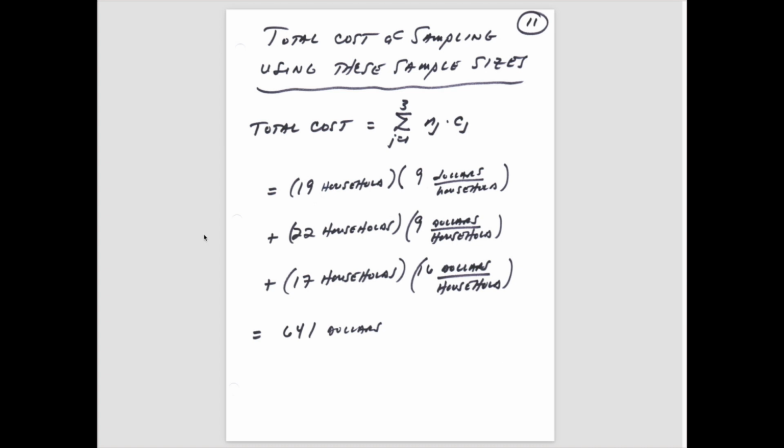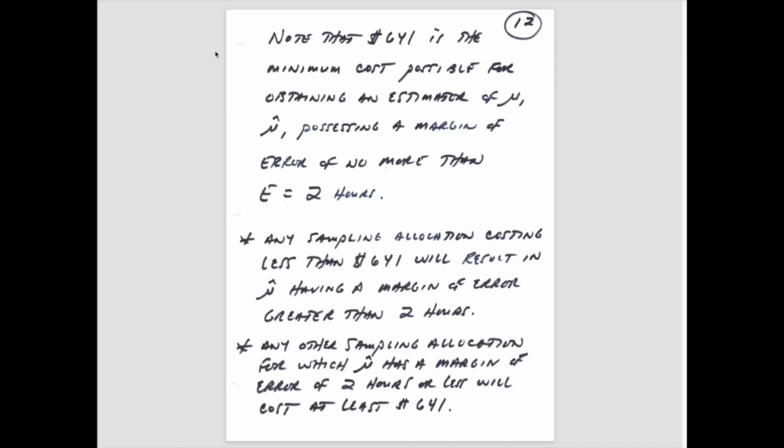And so we see here that multiplying these sample sizes by the cost per unit observation from each of the 3 strata gives us a total of $641. Now, this $641 is the minimum cost possible for obtaining an estimator of mu, again that estimator is mu hat, possessing a margin of error of no more than 2 hours.